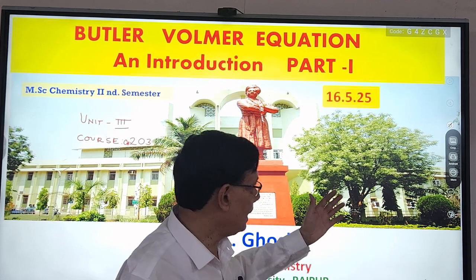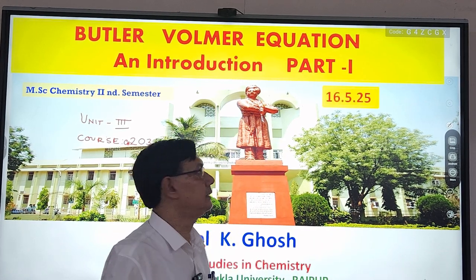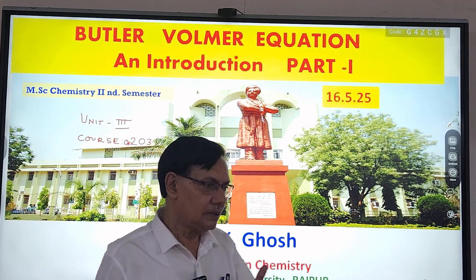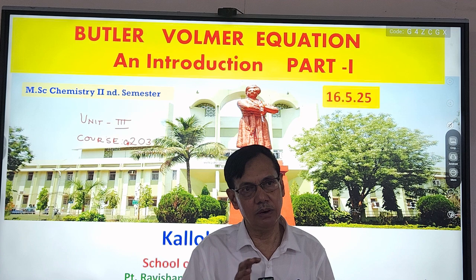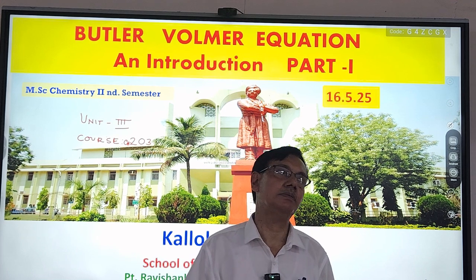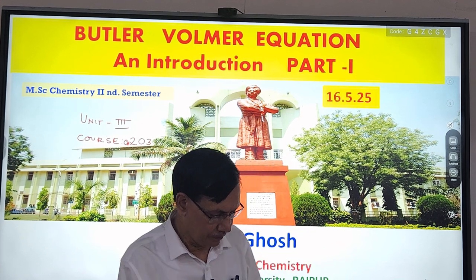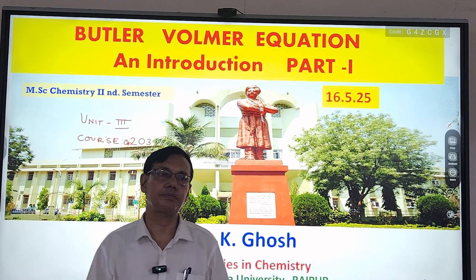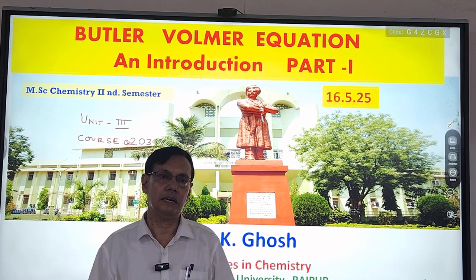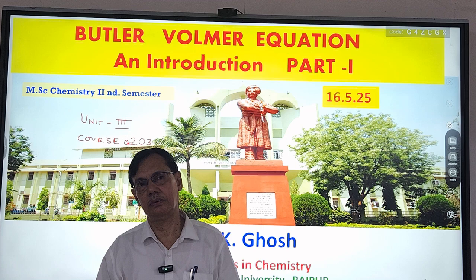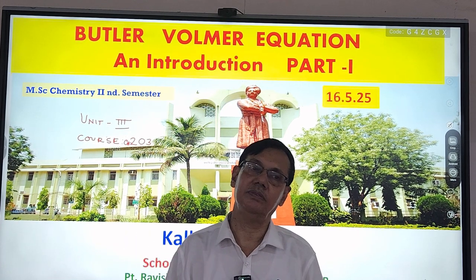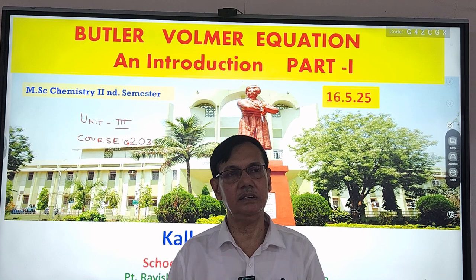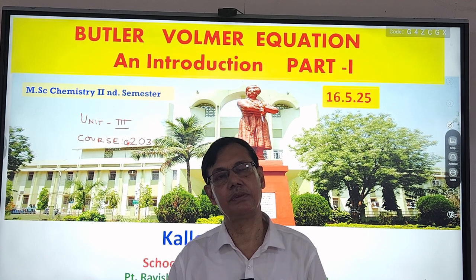In part 1, the first half of this lecture, I will discuss the basics of Butler Volmer reactions. Whenever you talk about the Butler Volmer reaction, there are some important concepts: one is current density, another is overpotential.